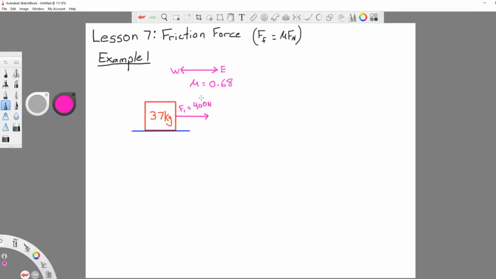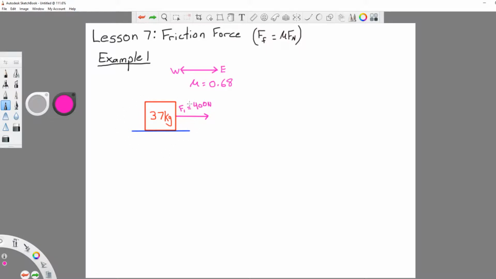The coefficient of friction here, I have written up between the object and the surface. So the force of friction will really be between these two surfaces, and it is 0.68. Alright, we are to determine the acceleration of this block. I think that's a task that we are pretty ready to handle here.